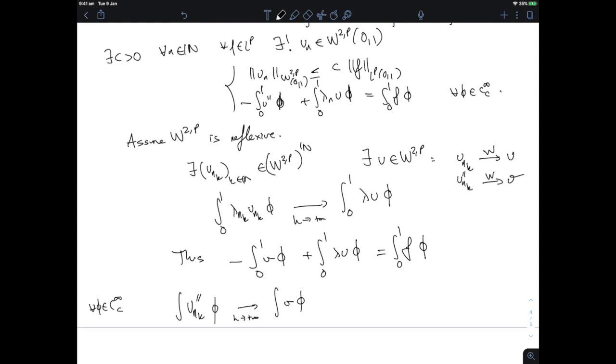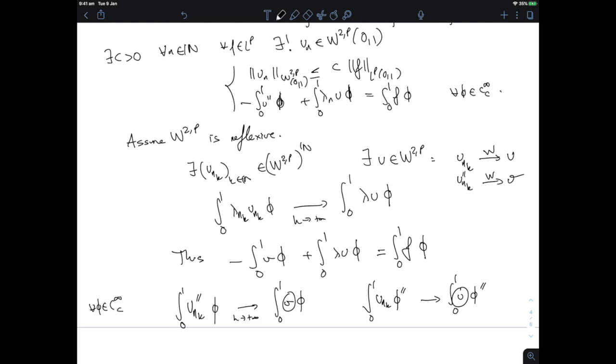But in the meantime, the integral of u_k phi tends to the integral of u phi second, right? And so this tells us that this v here has to be the second derivative of u.